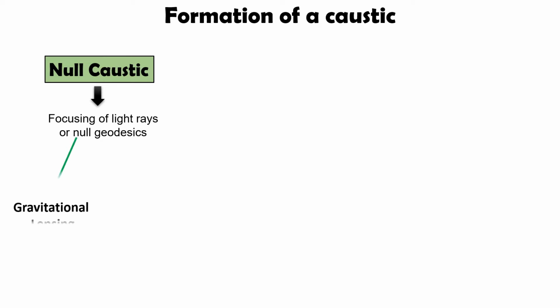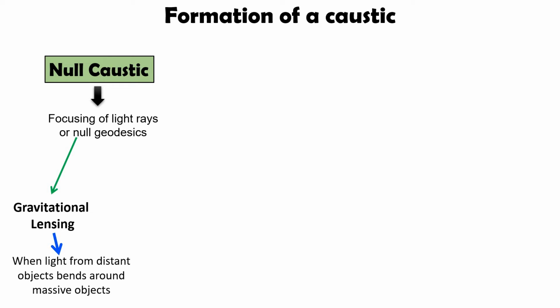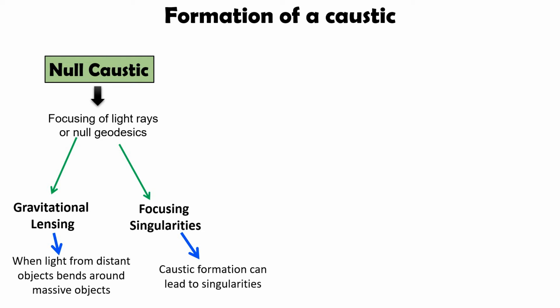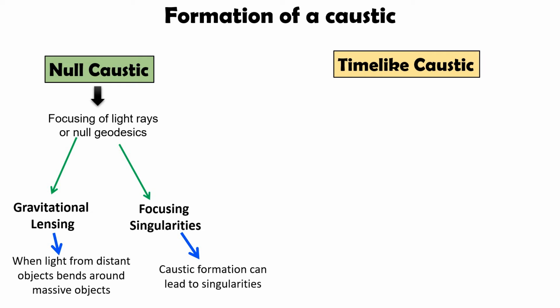Now there can be two types of caustic. One is called a null caustic, which is the focusing of light rays on null geodesics, which leads to gravitational lensing, which you already know. Our JWST telescope is smart enough to show a lot of gravitational lensing, and NASA is constantly producing those pictures. Another is called focusing singularities, that is, caustic formation can lead to singularities, and you can understand the reason. The next is the time-like caustic.